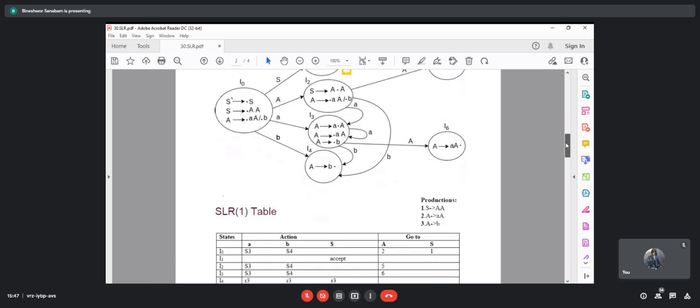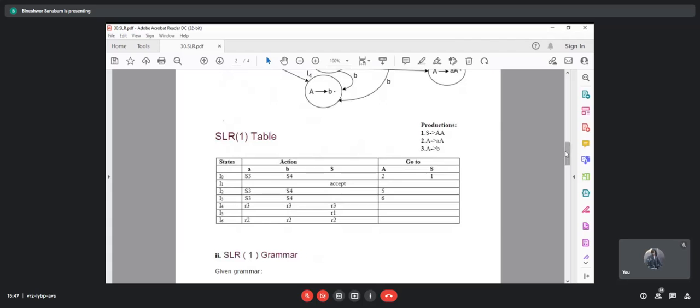For 5, we have to see the production 1. We have to see what is our follow of S. Follow of S is nothing but dollar. For state 4, we find the follow of A, that is a, b, and dollar, so we place the reduce to all of them.